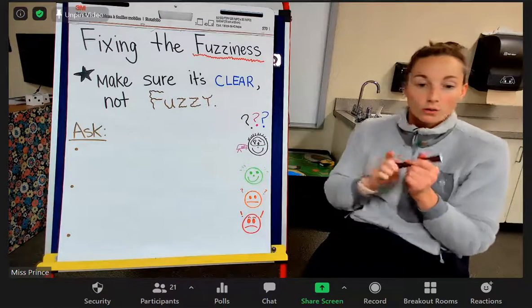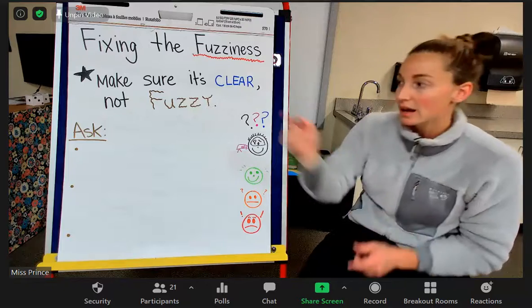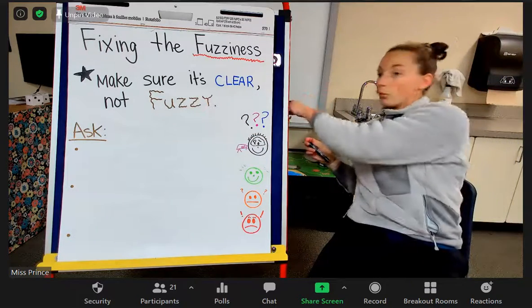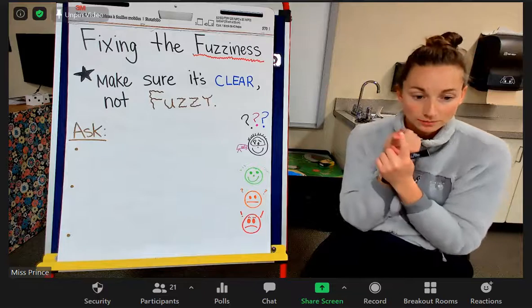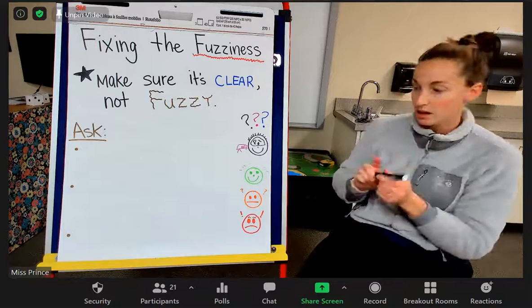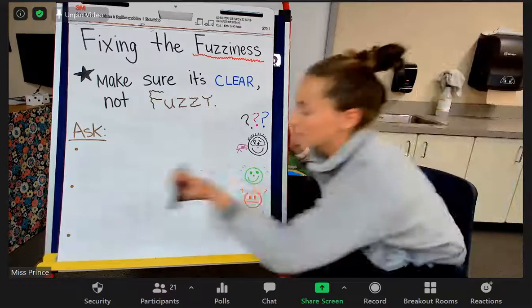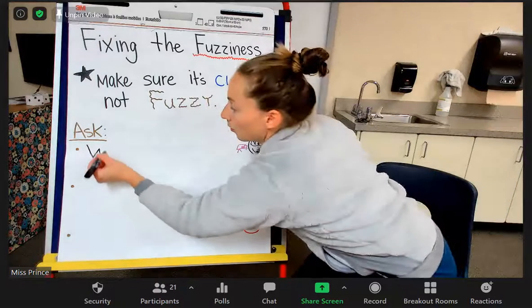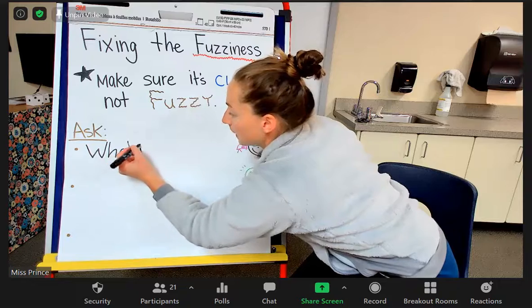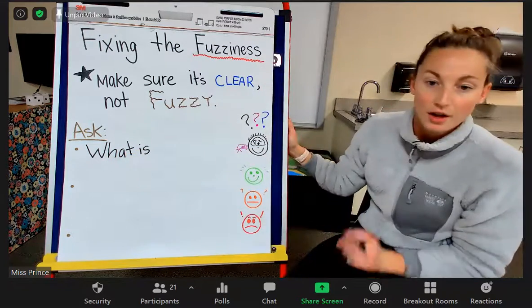So when we're going through our story and reading it, we want to ask ourselves a couple of things. We want to know who the story is about, what's happening, and where it's happening. So we want to ask, what is the who?